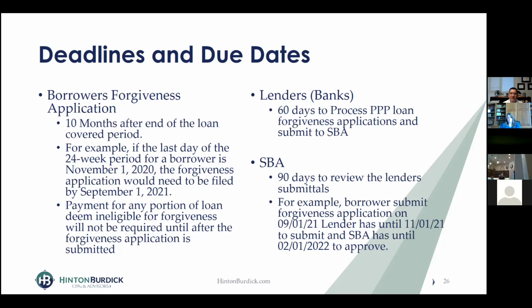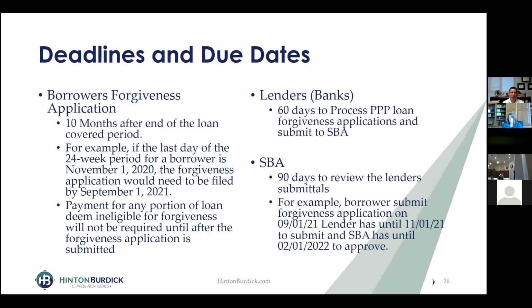And one of the reasons is I fear that we will be going past the normal business deadline of March 15th of next year to file these 2020 business returns in a lot of cases. And my fear is, as you can see on these deadlines and due dates, that we may be bumping up against that extended due date for business returns of September 15th of 2021.